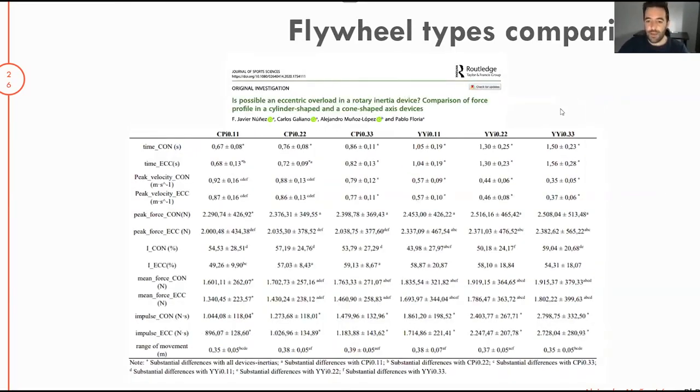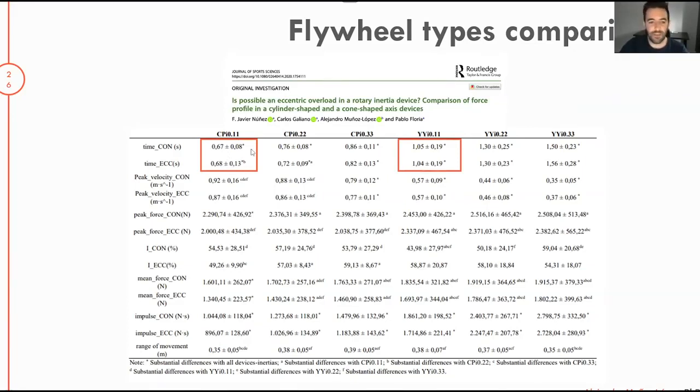Also, once we know the mechanics comparing inertial to flywheel, we need to understand the mechanics comparing the two kinds of devices, the conical pulley, and here it's the yo-yo, which is a horizontal cylinder. So when we used, and we published on this research, when we used the same moments of inertia exactly on both devices and squat, we see how, first of all, the time of the concentric and the eccentric phase is dramatically different.